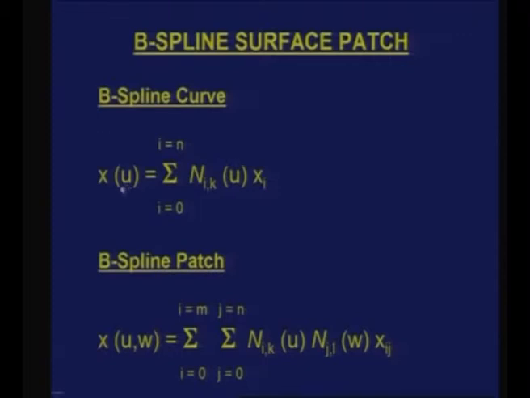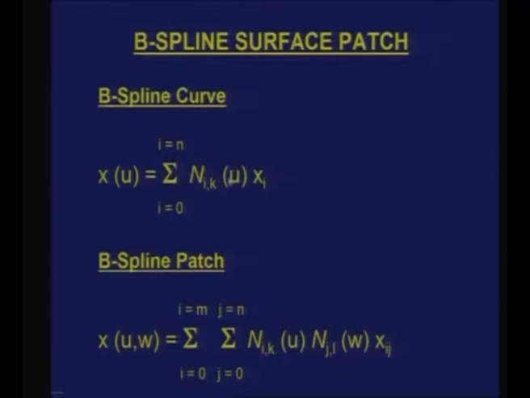A B-spline curve is defined by basically what you call a B-spline basis function. We looked at some of these functions, and these functions are different for different values of k. And the total number of control points here is n plus 1, which goes from i equal to 0 to n, and when they are multiplied by x_i, I get this function.